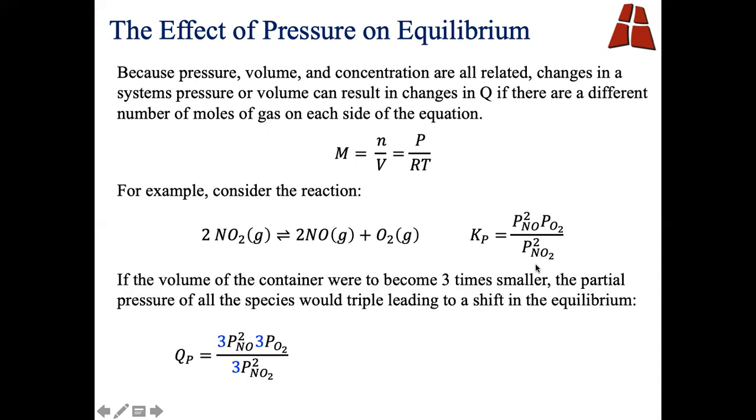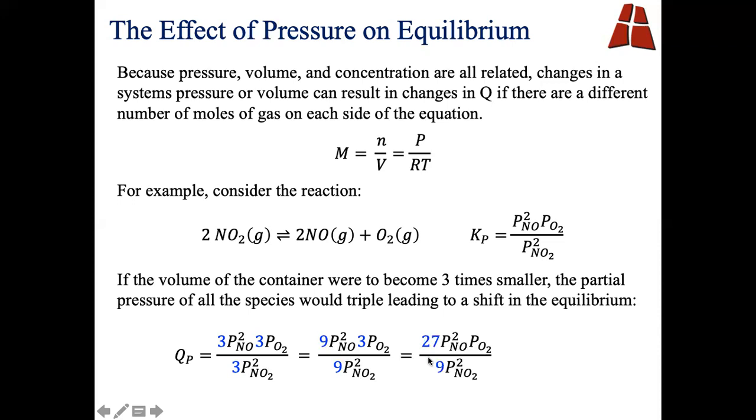Say, for example, our container were to be compressed to become 3 times smaller, we could substitute that into our equation, and it would ultimately lead to a shift in our equilibrium. Our partial pressures for all of our gases would increase by 3. If we factor in our exponents here, so our NO term and our NO2 term are both squared, that would change both of those terms to being 9.